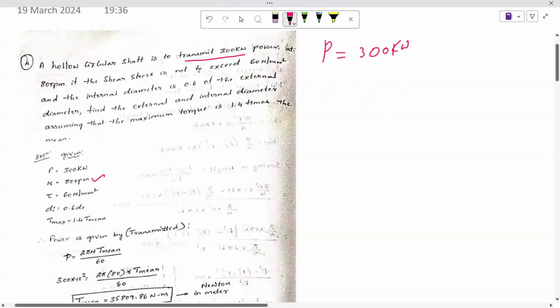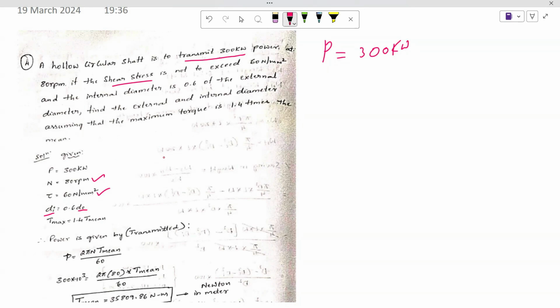Next, the shear stress is not to exceed 60 Newton per millimeter square, so tau is equal to 60 Newton per millimeter square. Next, the internal diameter is 0.6 of the external diameter. That means internal diameter di, with external or outer diameter d naught, so di is equal to 0.6 times d naught.